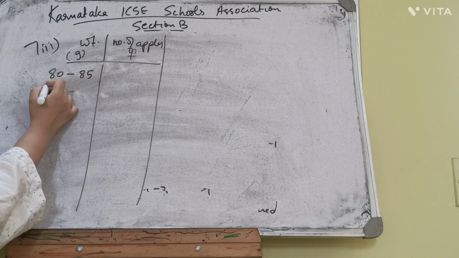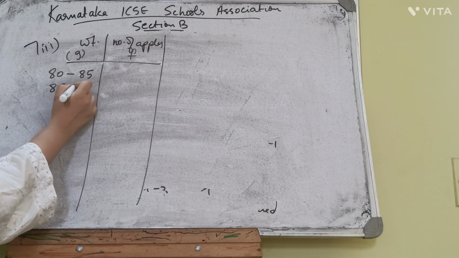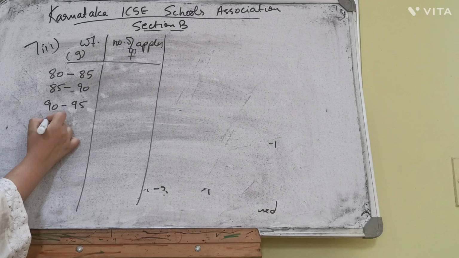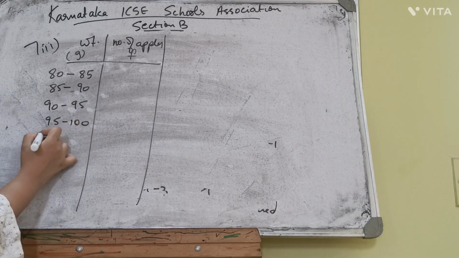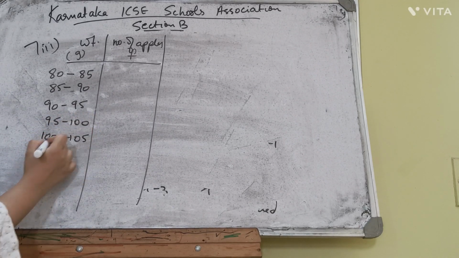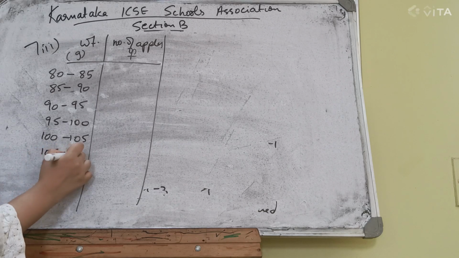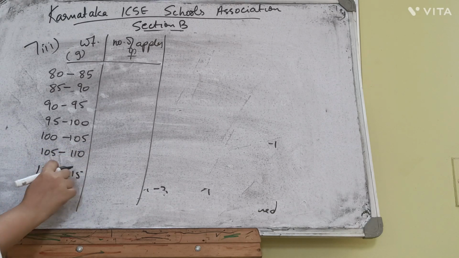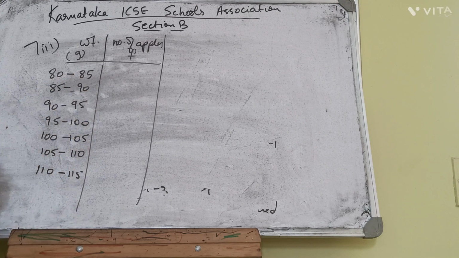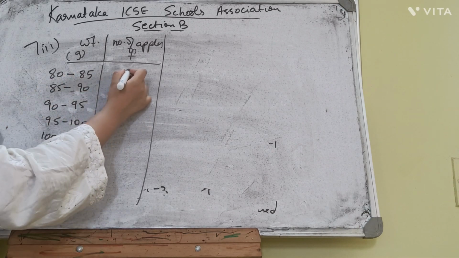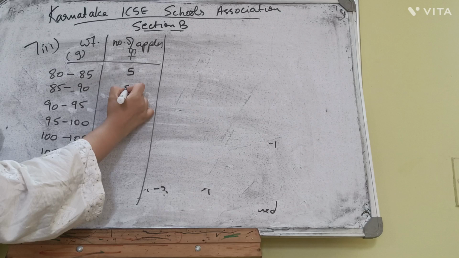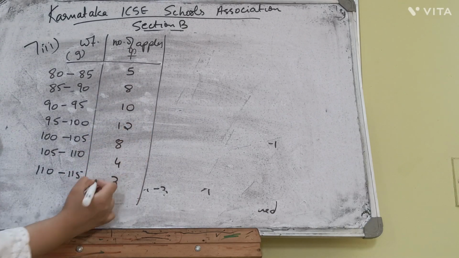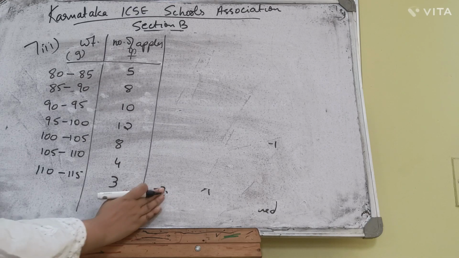Class interval is given as 80 to 85, 85 to 90, 90 to 95, 95 to 100, frequency values are 5, 8, 10, 12, 8, 4 and 3.